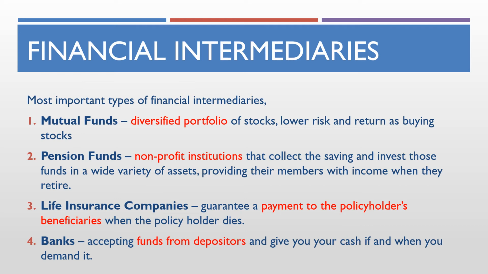Life insurance company. It's another agency that is very commonly brought up in the financial system. The life insurance company usually will collect premiums from the policyholder, and when the policyholder dies, the life insurance kicks in.